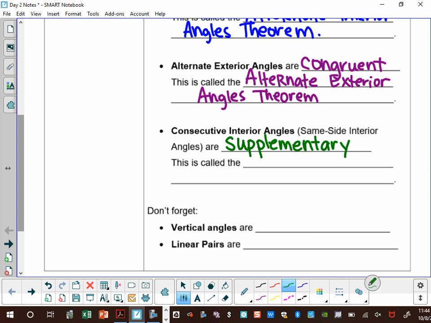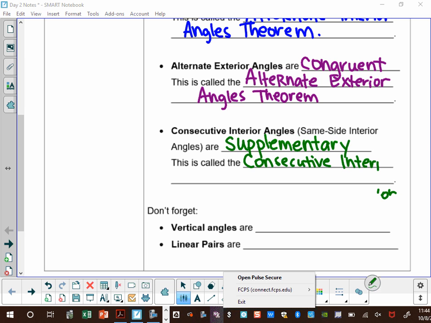You guys have to know that. You must know it. So this is called the consecutive interior angles theorem.